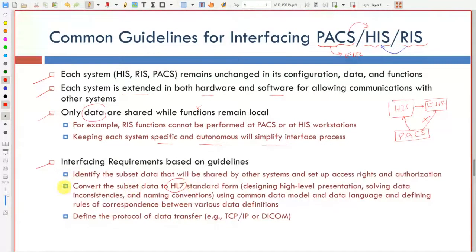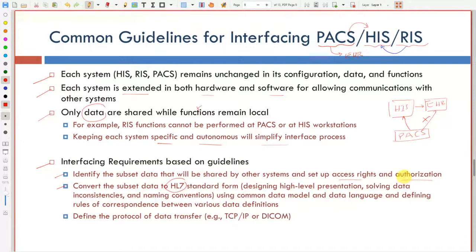And also it's very important before we do that to identify what kinds of data will be allowed to be exchanged. For example, we talked before about access rights and authorization and things of that sort. It doesn't make sense for a RIS to request some reports from the patient record.